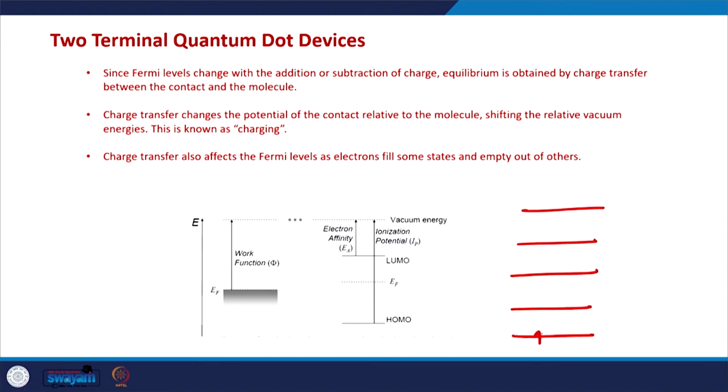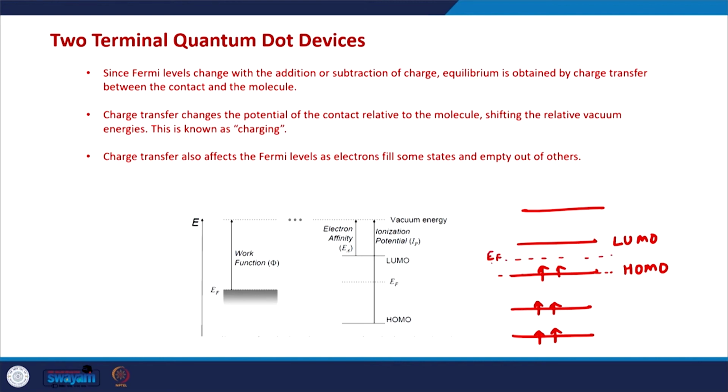If the number of electrons in this system is just 5, this becomes the HOMO orbital and this becomes the LUMO orbital, and the Fermi level lies at HOMO. On the other hand, if the electrons in this system are 6, the Fermi level lies between HOMO and LUMO.